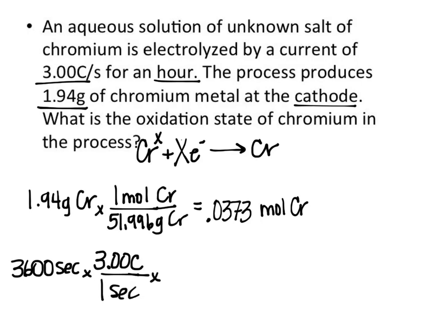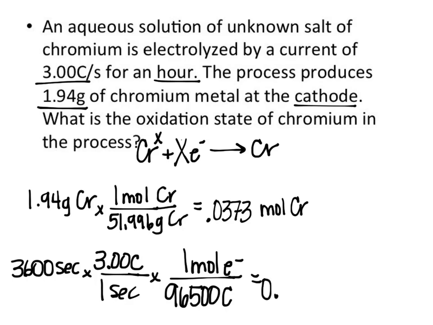So how can I get these to moles? Use the Faraday constant, 96,500 coulombs for every 1 mole of electrons. So how many moles of electrons passed? And that would be 0.112 moles of electrons.